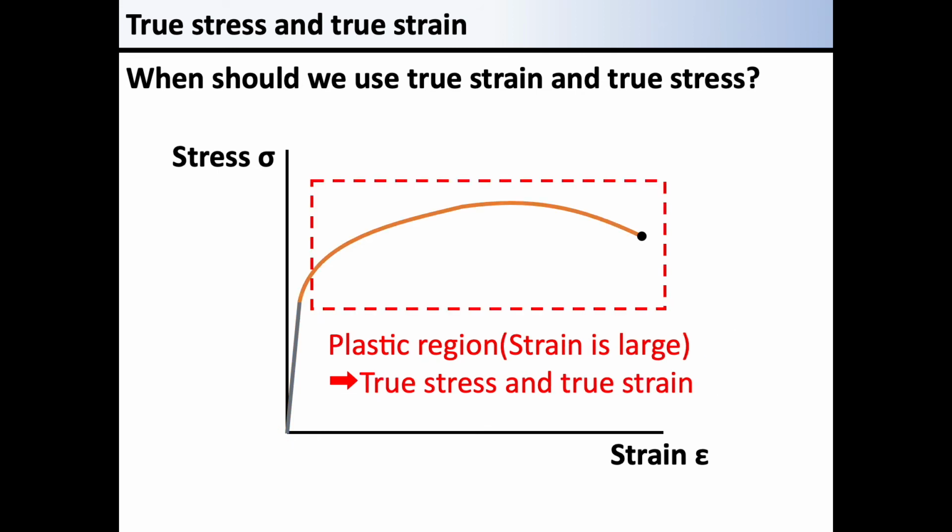When the strain is large, from a few to tens of percent, the cross-section area changes significantly from its initial value. It becomes thinner like noodles. In such a situation, the nominal stress does not define an accurate quantity. So, we need to use the true stress, followed by the usage of true strain.